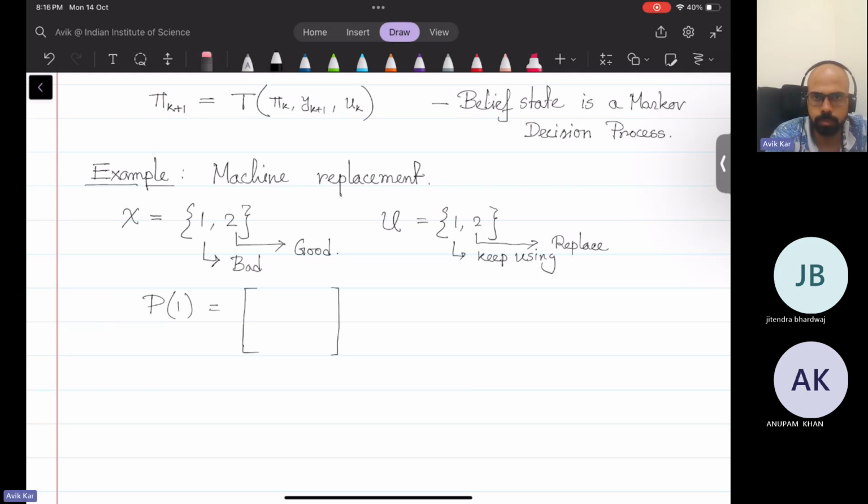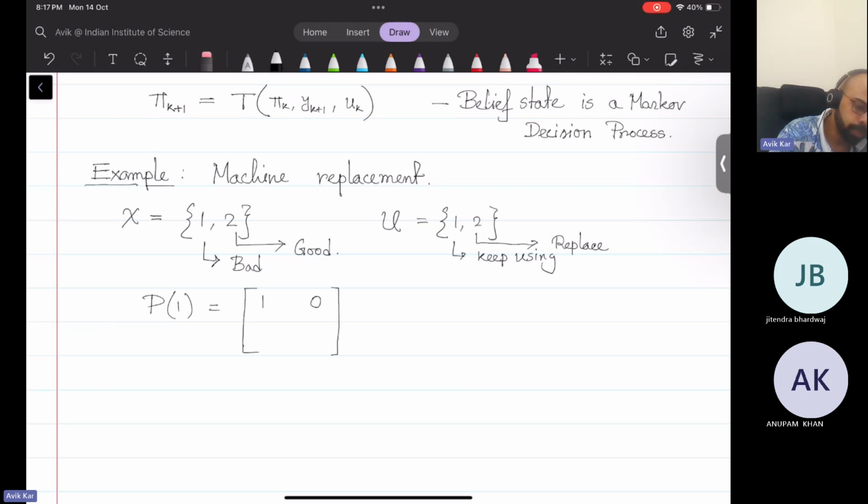If you are using a bad machine, then the probability that it will remain bad is 1, and that it will be good is 0.